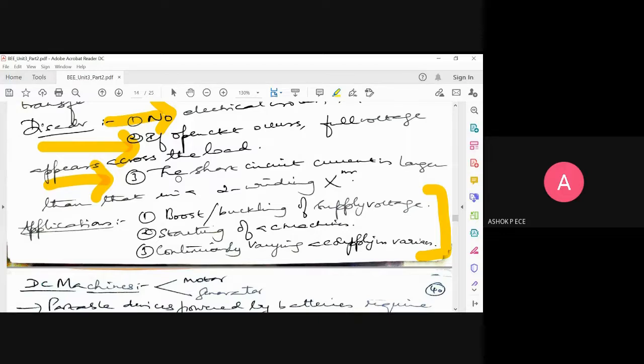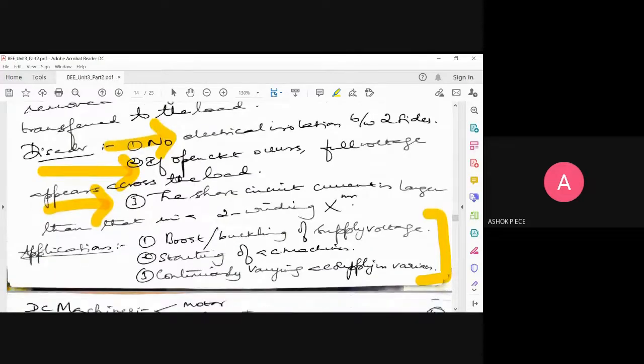The same way here also, because of open circuit, the current flowing through the load will be very less, which may not help your load to work to its fullest potential. So OC and SC are not a problem in normal transformers, but it is going to be a serious issue in an autotransformer because the primary and secondary are directly coupled here. That is the reason.